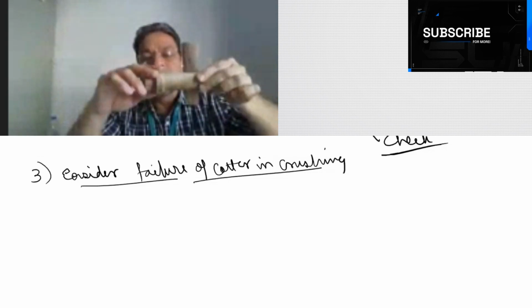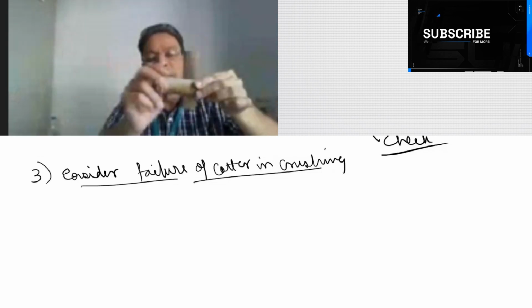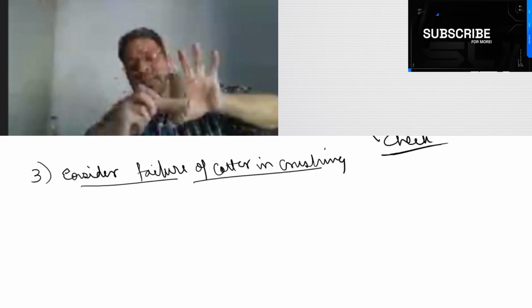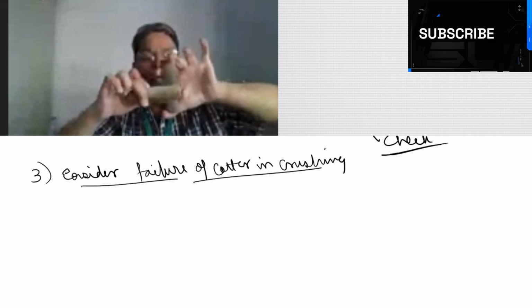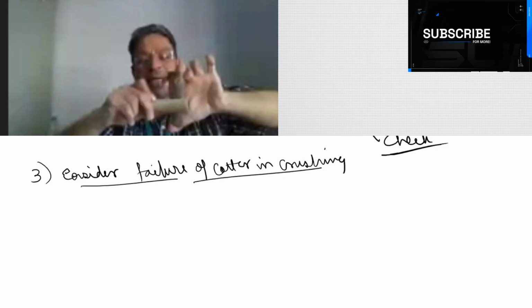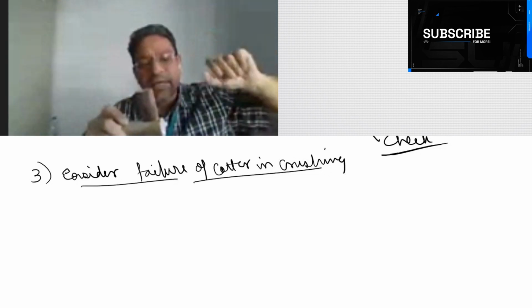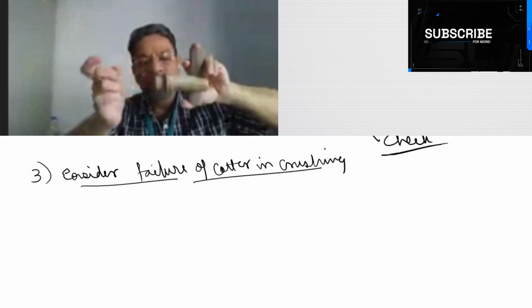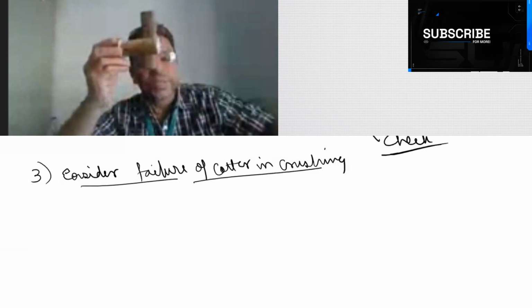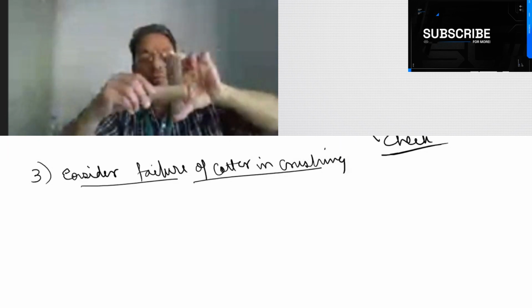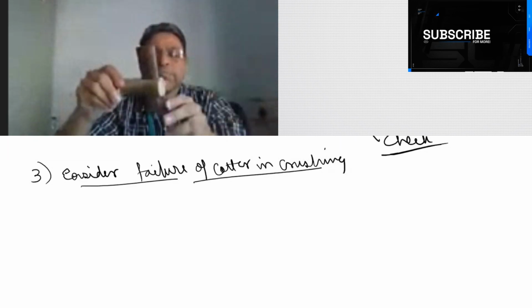See, my right hand is applying force in this direction, and with this hand I am applying force in the opposite direction. Can you see? On the Cotter, the force is applied in both directions. In one direction by this hand, and in the other direction by this hand. Actually, one force is applied to this rod and the other force is applied to this rod. So I have removed it and I am showing you like this.